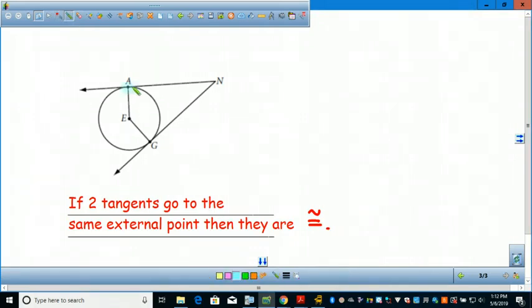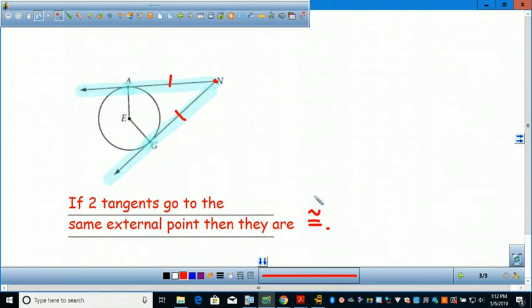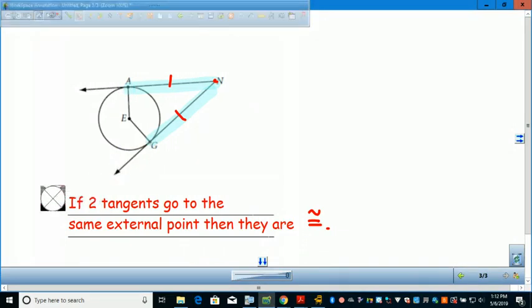So we're talking this one and this one. They both go to point N, so from here to here they are congruent, so you add the tick marks if you see that. Okay, those are equal if they go to the same point outside and they are both tangent to the circle.